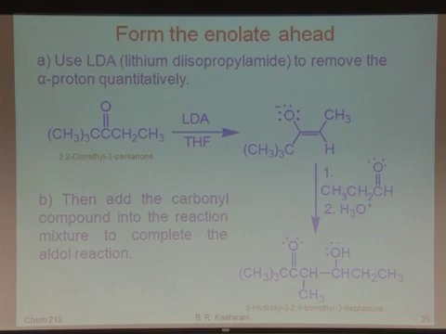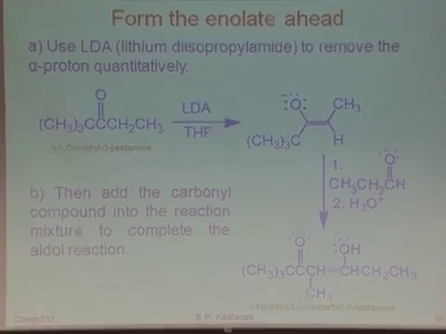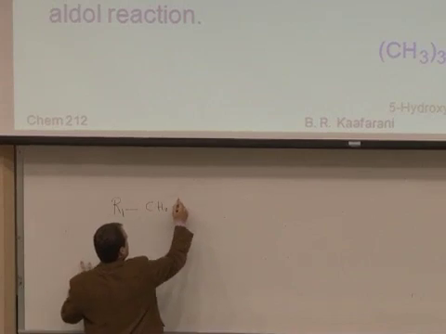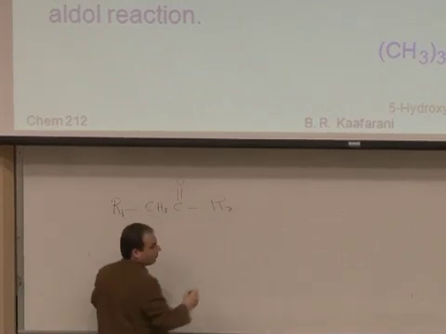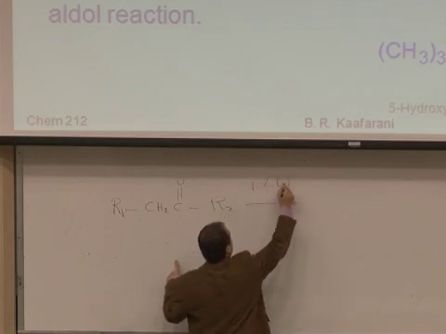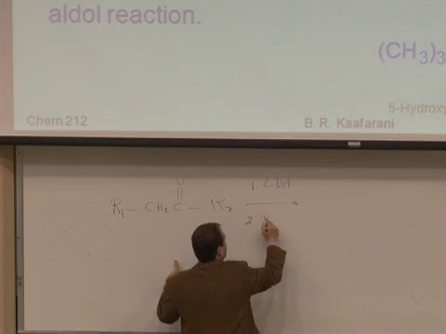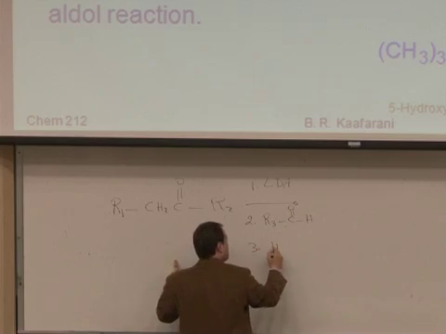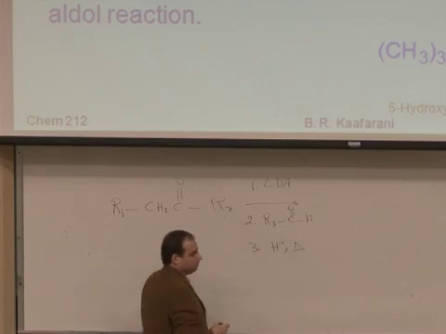So what we are having here is a ketone, R1, CH2, C double bond O, R2, and you are adding first LDA, second, you're adding an aldehyde, third, you're adding H plus and heat.